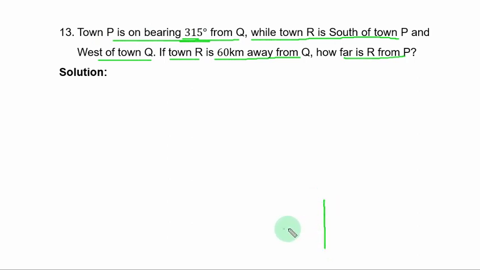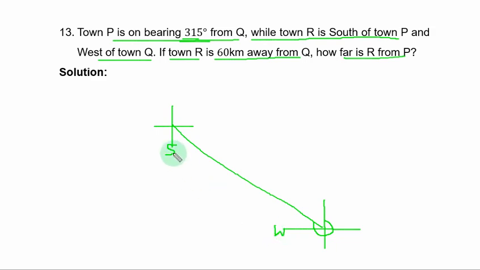Town P is on a bearing of 315 degrees from Q. So from this point, you have town P in this direction, while town R is south of town P. So this is south of P, and west of Q, this is west of town Q.